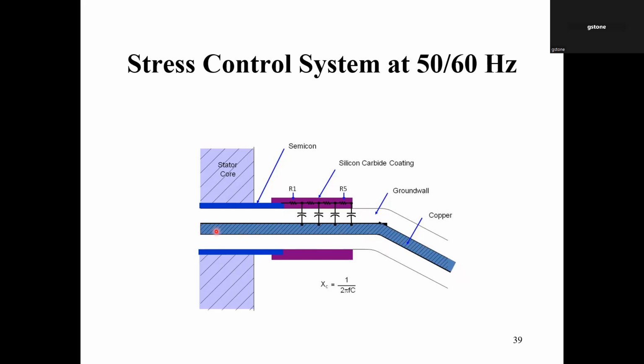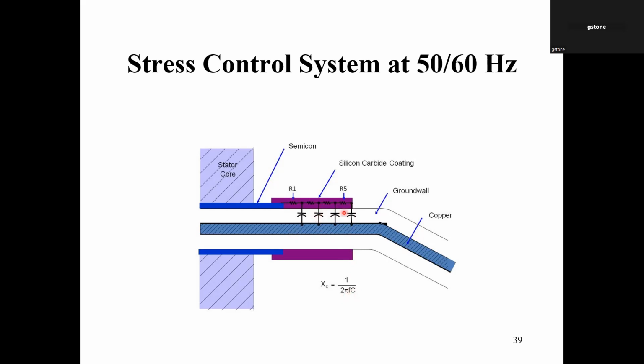And under normal 50, 60 hertz conditions, what happens is there's a capacitance between the copper and this magic silicon carbide coating, the ECP. Okay, and how much capacitive current flows through this transmission line type model of the silicon carbide area depends on the voltage that's across each capacitor and the frequency of the AC.